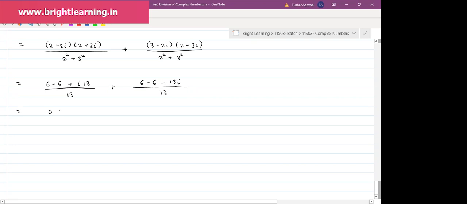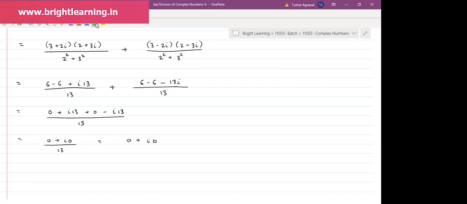So 0 plus 13i plus 0 minus 13i upon 13 is 0 plus i times 0 upon 13, which is the same as 0 plus i times 0.